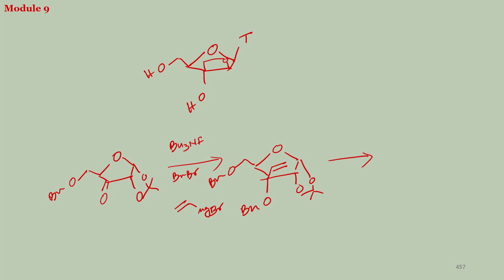What is the way to do it? If you do this iodine reaction here, sodium hydroxide, acetyl chloride, NaIO4, sodium periodate treatment will give you, followed by hydrolysis of course.